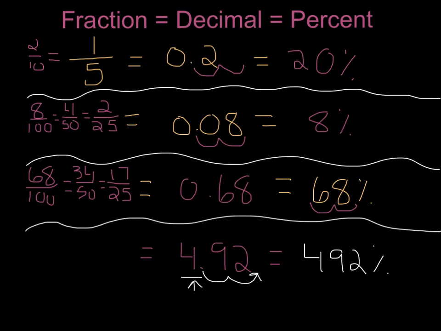And then to write this as a fraction, if you have a number in front, remember it's 4, and then this is 92/100ths, 92/100. But now we just have to simplify that, so it is 4 and 23/25.